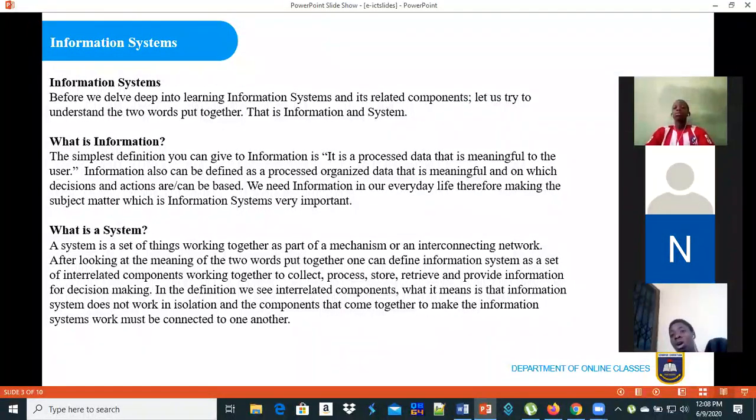When you are being given this information, it is up to you to make a decision. So if you are being told that, for instance, we have 1,000 cases, it is up to you to make a decision.